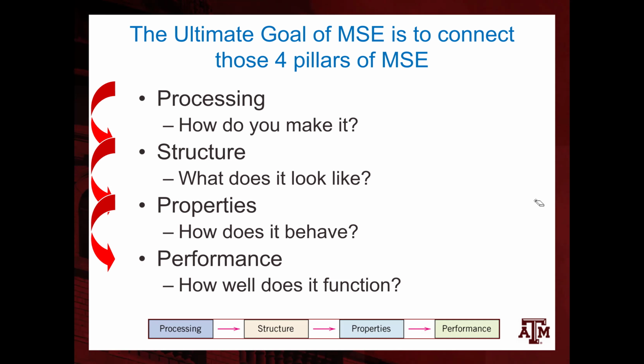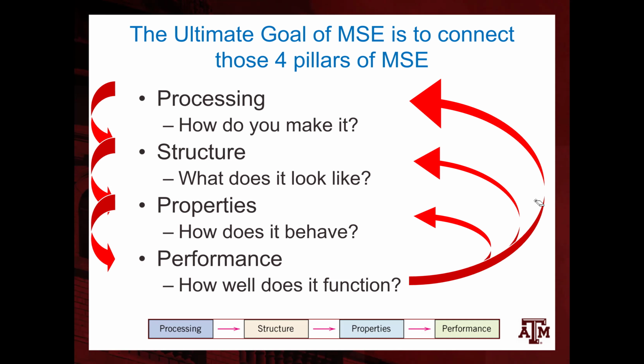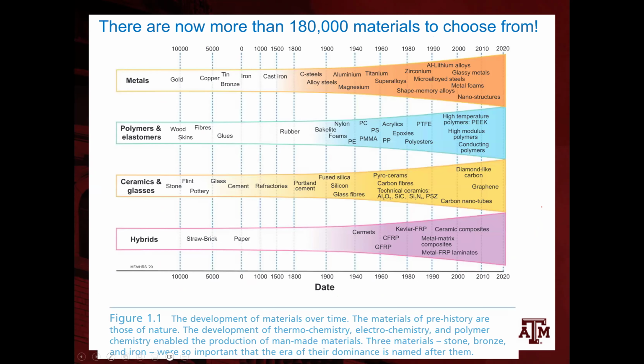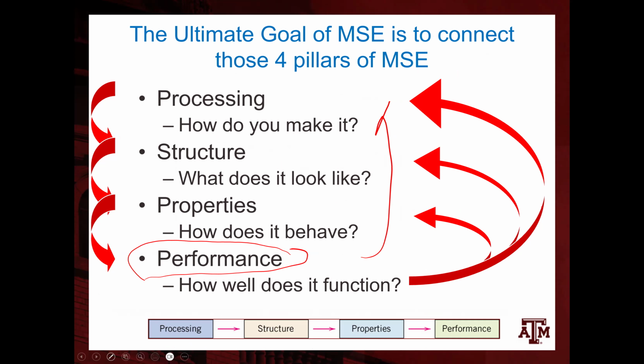And if we understand this relationship fully or completely, then we can also reverse engineer it and look at it in the opposite direction. So we can optimize the performance by looking back at how those things are related.